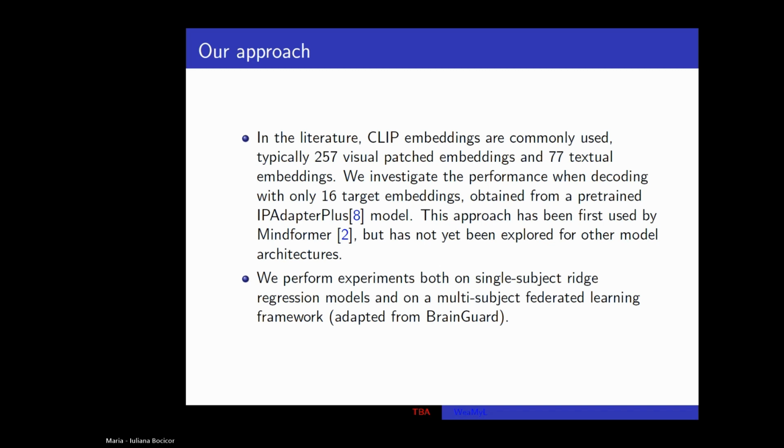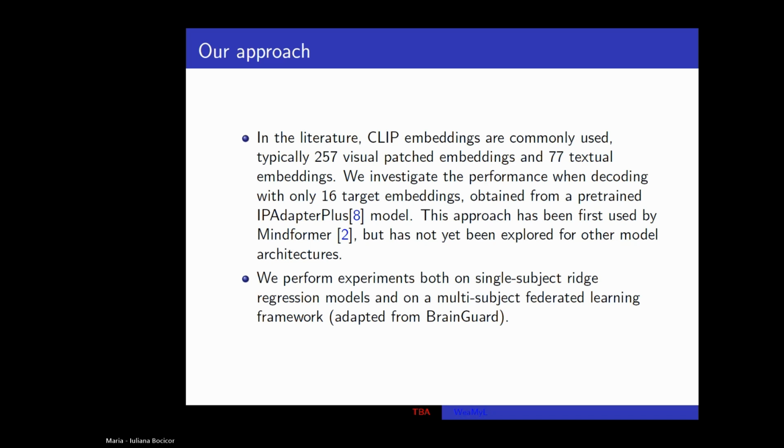So our approach, here I briefly explain again that in the literature, the number of embeddings that is commonly used is 257 visual patched embeddings and 77 textual embeddings. However, we used only 16 target embeddings, which were obtained from a pre-trained IP adapter plus model.